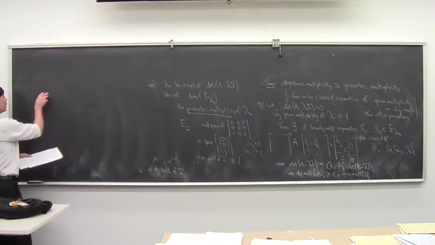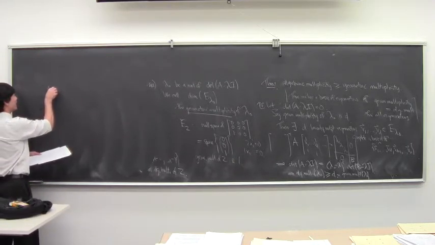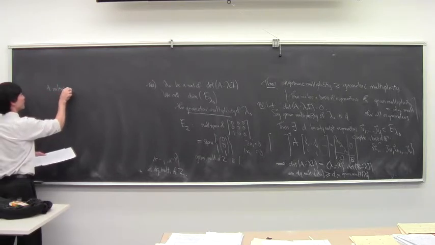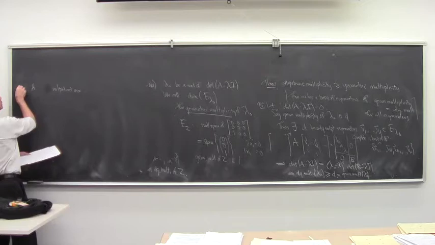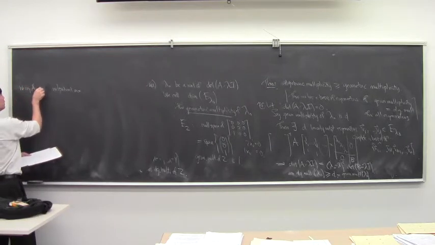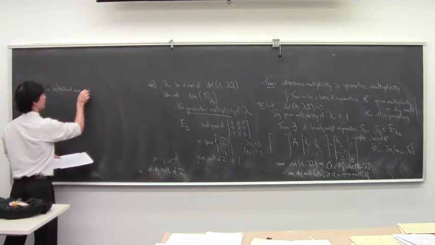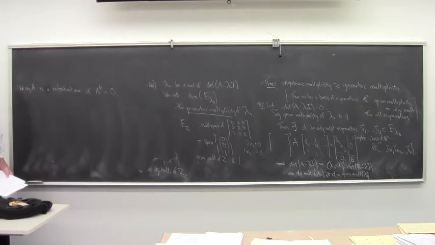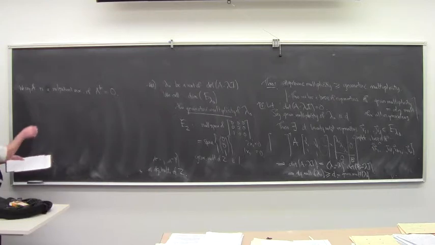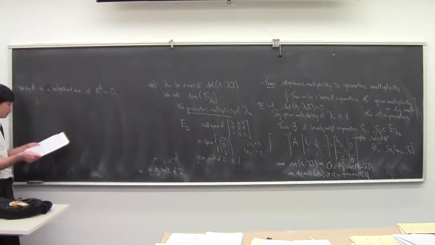A nilpotent matrix: we say A is a nilpotent matrix if A to some power is the zero matrix. So here's the two-part problem.